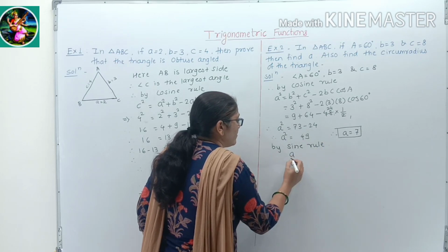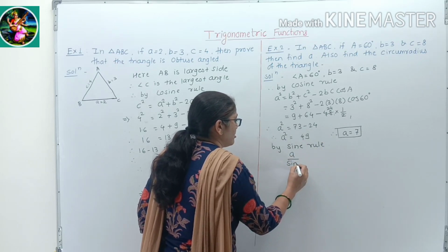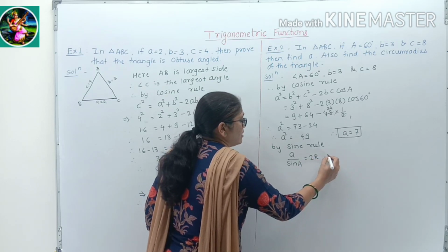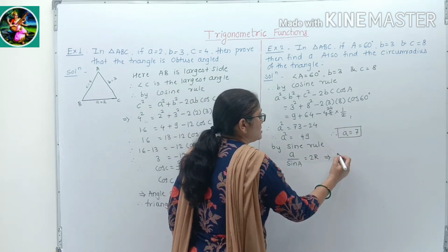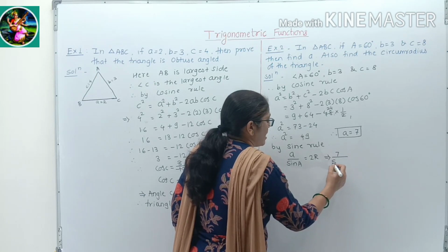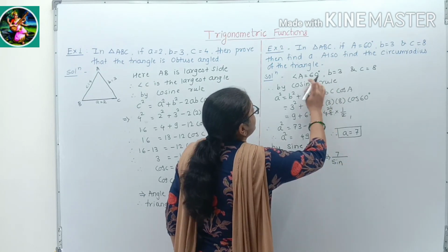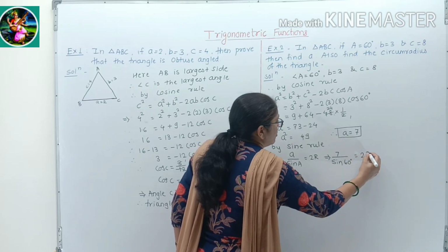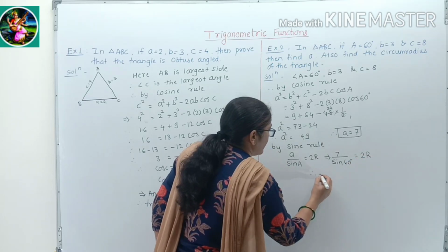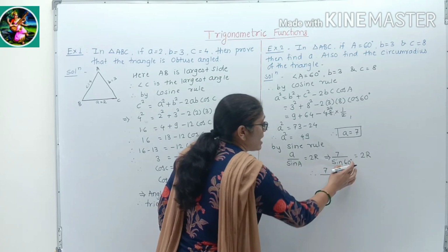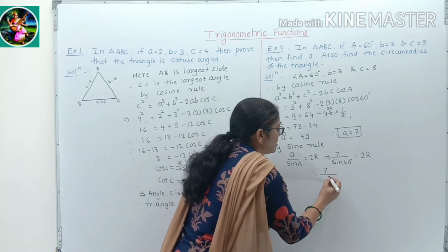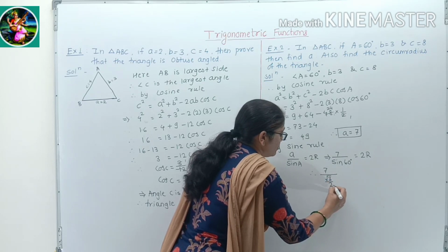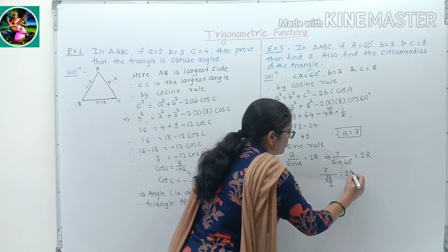By the sine rule, a divided by sin A is equal to 2R. The value of a is 7 and A is 60 degrees, so 7 divided by sin 60 degrees, that is root 3 divided by 2, is equal to 2R.